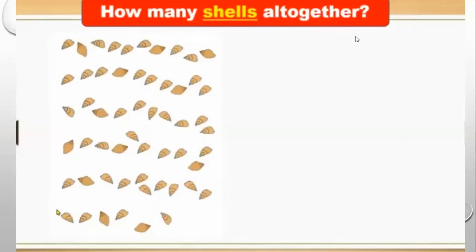So we have to count them in tens. 1, 2, 3, 4, 5, 6, 7, 8, 9, 10. 10, 20, 30, 40, 50. So these are our tens. Circle them and then write.